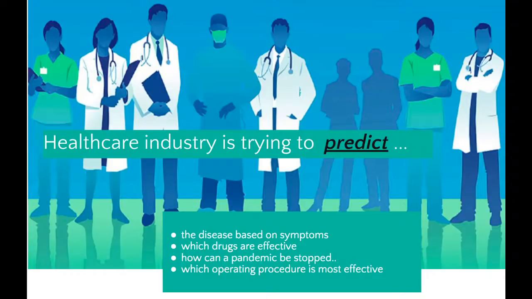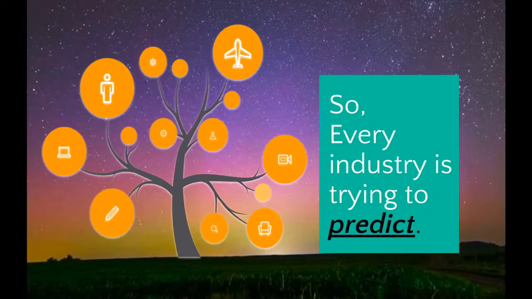While in the case of the stock market, the prediction is very obvious, right? Various kinds of companies keep trying to predict the stock prices of various other companies, and so on. So every industry is trying to predict something.